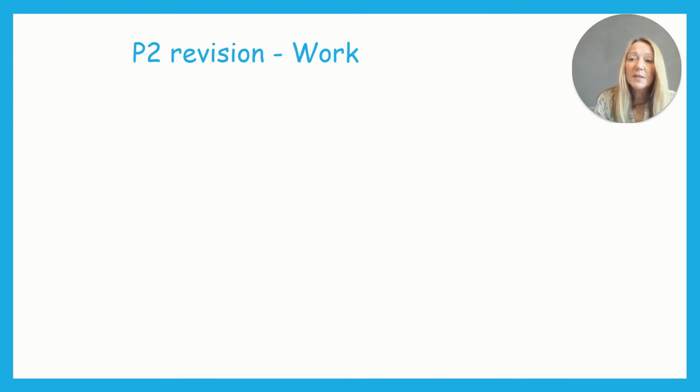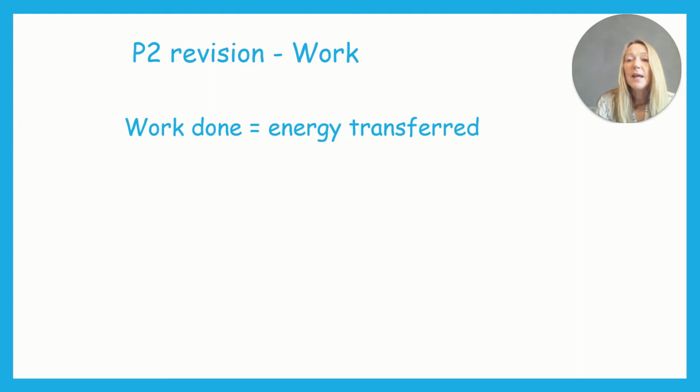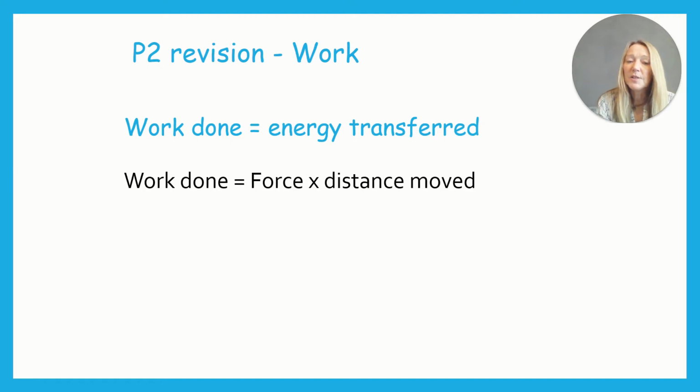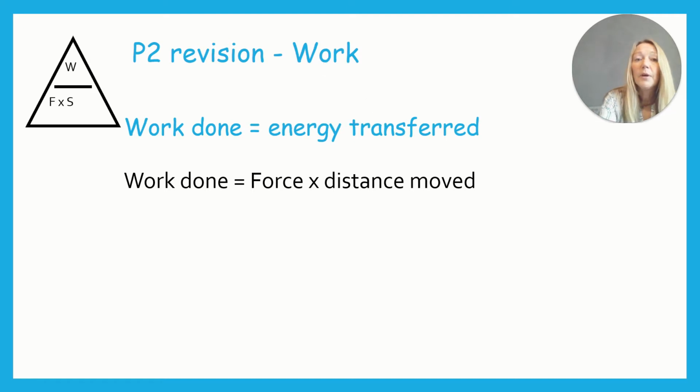So before we start linking the two equations, we're going to do a little bit of revision. So work done is energy transferred. Whenever energy is transferred, work has been done. And the equation, as we've just said, is work done is force times distance moved. And I've put that into a triangle for you so you can use that later.